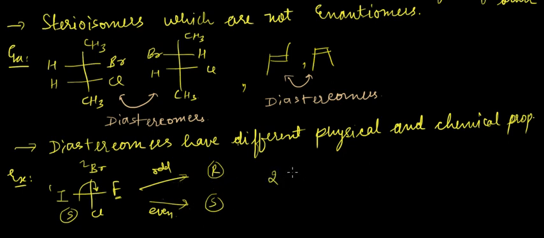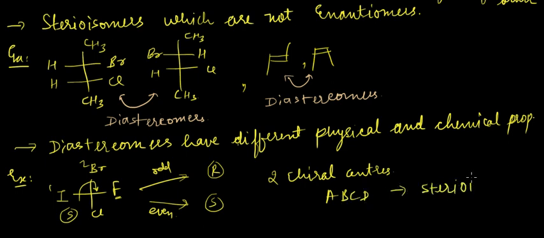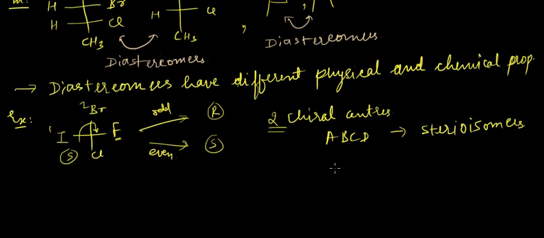Now suppose we have two chiral centers. In this case, let's say A, B, C, D are the stereoisomers which we got from two chiral centers. Okay, so let us draw a table to understand this.